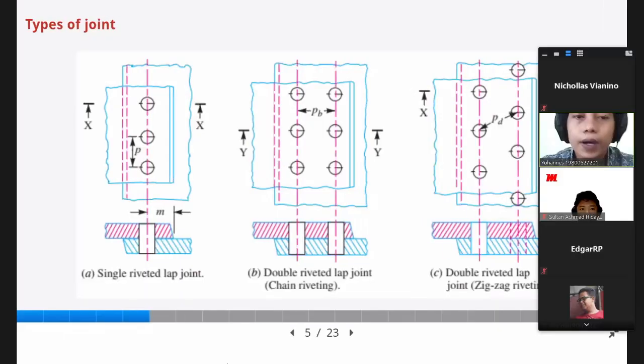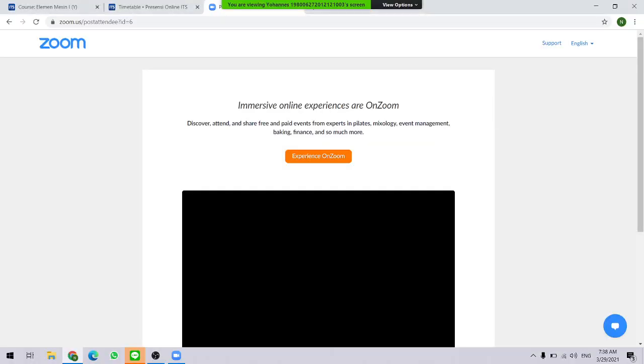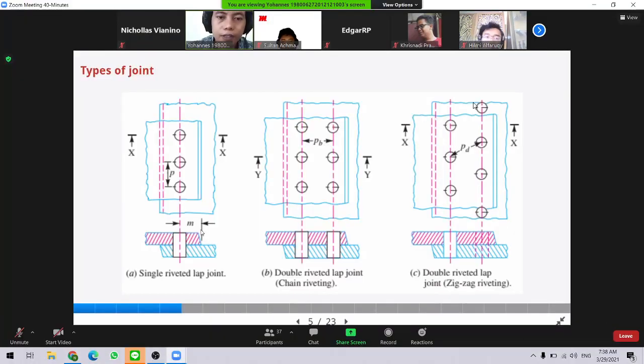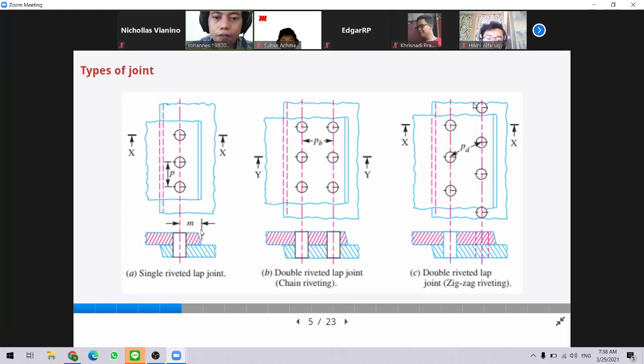Okay, so now you already understand the meaning of pitch. So for the first joint here, the direction of load must be here, and it is analyzed only in a single rivet.